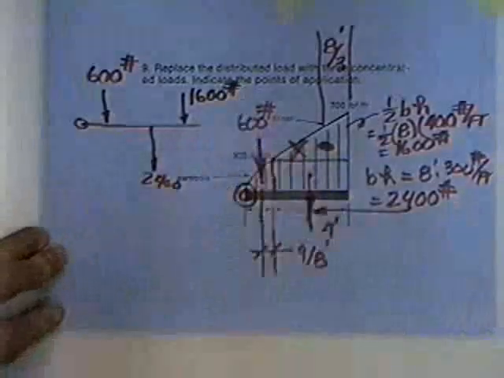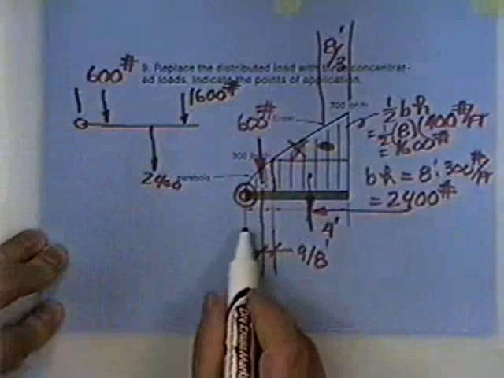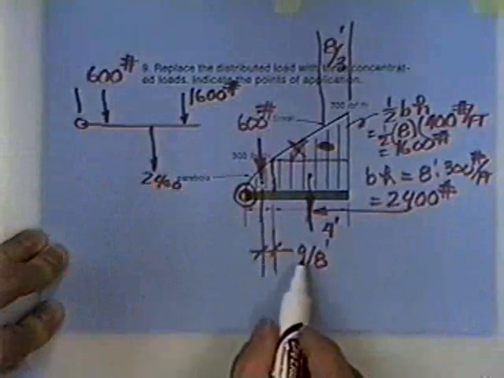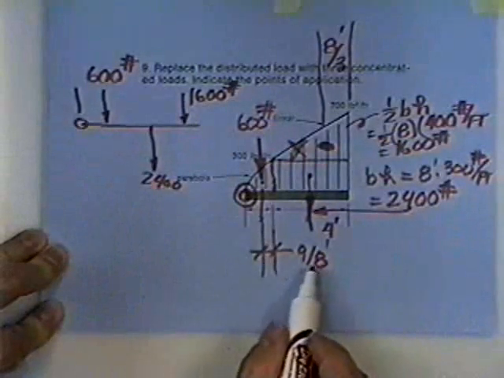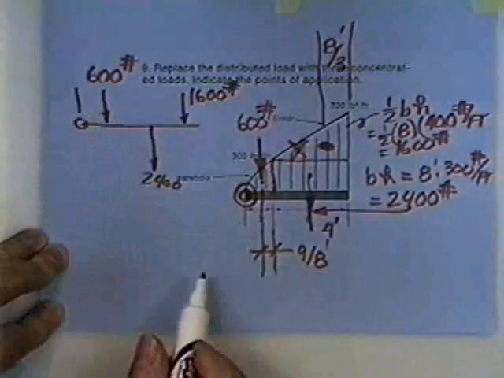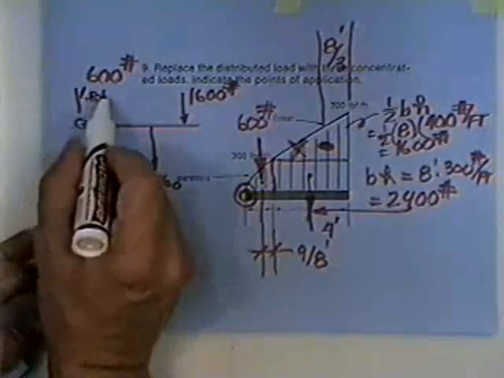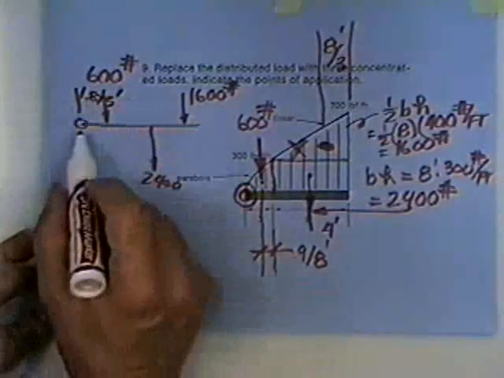A little free body like that will serve you well. Dimensions. Well, this is 3 feet, from which we take away 9/8 of a foot, leaving us with 1 7/8 of a foot. What's 7/8? 0.875? Yes. So we're talking 1.875 feet.